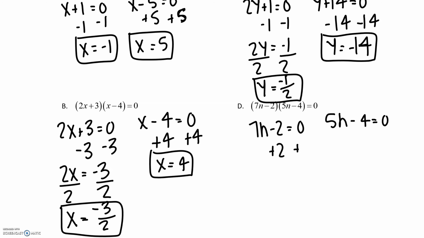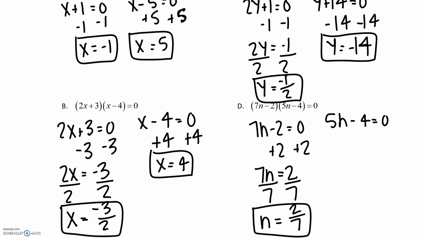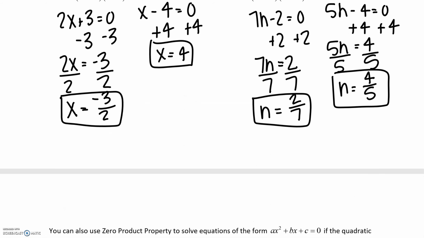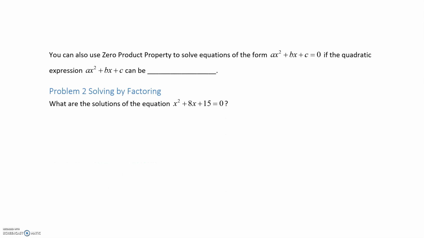We add 2 on both sides, so 7n equals 2, and we divide by 7 on both sides, which gives us n equals 2/7. We add 4 to both sides over here, which gives us 5n equals 4, divided by 5 on both sides, which gives us n equals 4/5. Perfect.